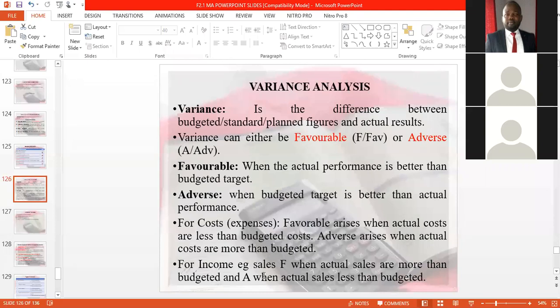For income, for example, sales is favorable when actual sales is more than budgeted.